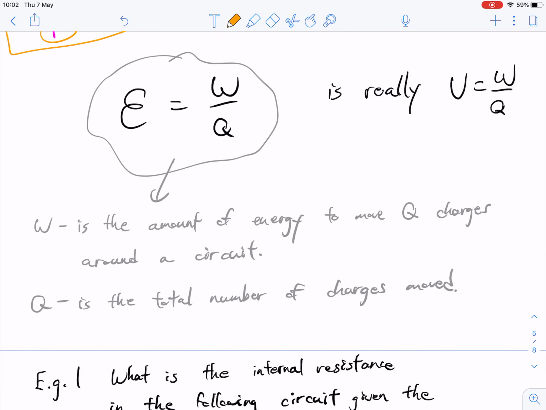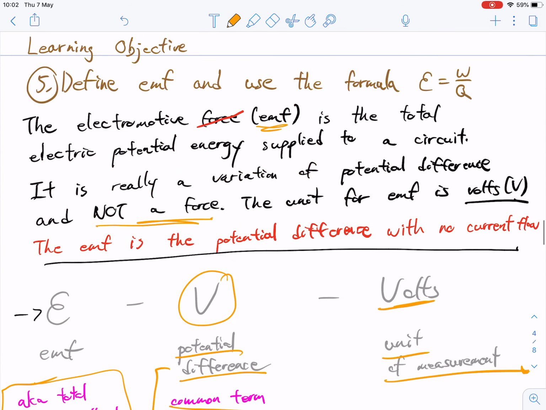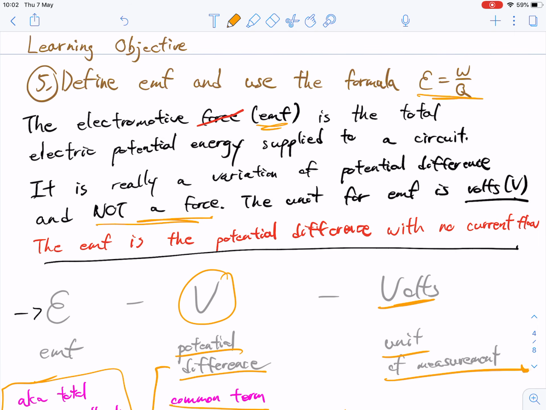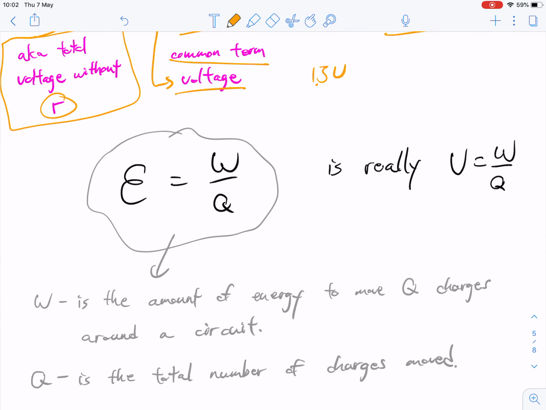Okay, now the other thing that we needed to talk about was the formula, E equals W over Q. And again, there's nothing new here. It's just writing V as EMF instead, okay?